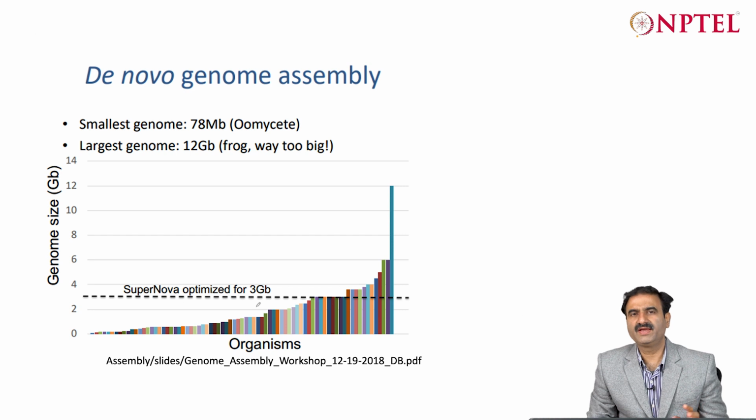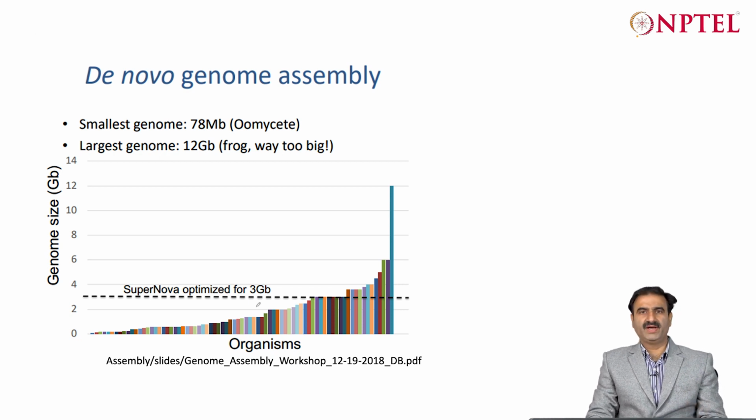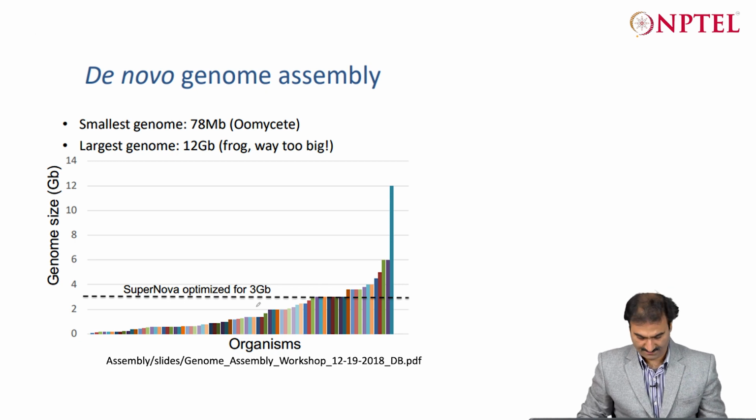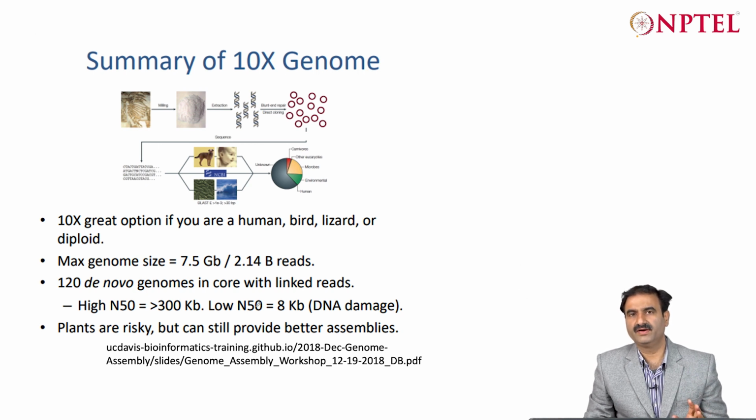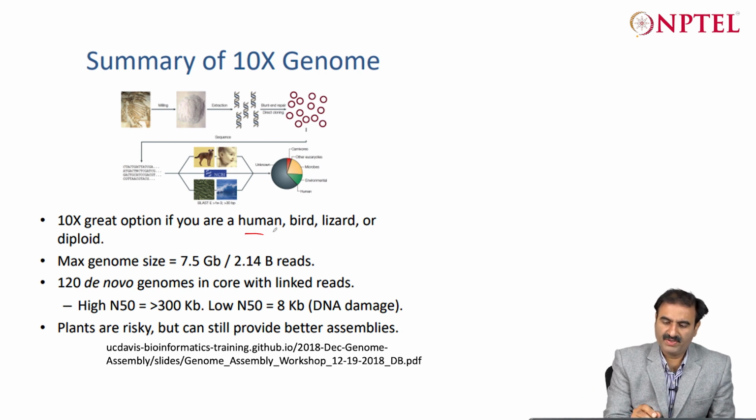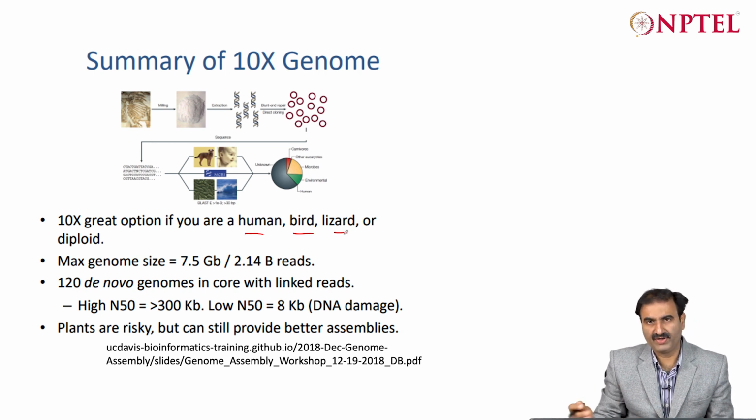Plants can be a little tricky given their repetitive content and heterozygosity, and polyploidy also, but still those have been done successfully by 10x linked-read sequencing. Okay, so basically 10x offers a very good linked-read sequencing technology, which is very good for, for example, human, birds, lizards, or any diploid genome.